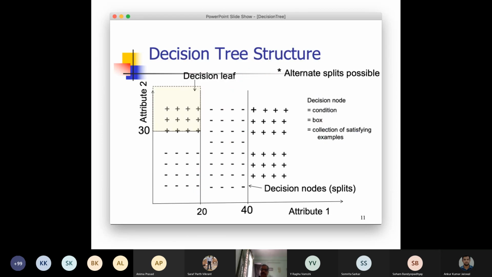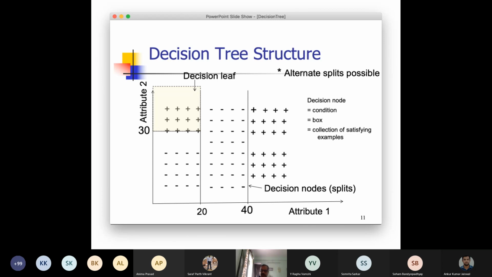So I just mentioned this, so let me not repeat further, but I hope this is understood with respect to these examples. So you see that I mentioned that alternate splits are possible. Then decision nodes, there will be a condition. Then you go to a particular box, a particular region, and you check the samples in that box whether it is pure or impure.